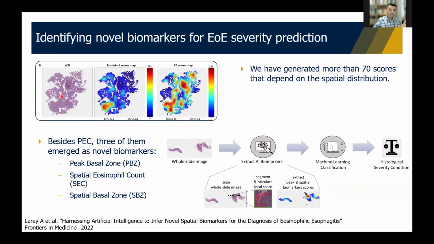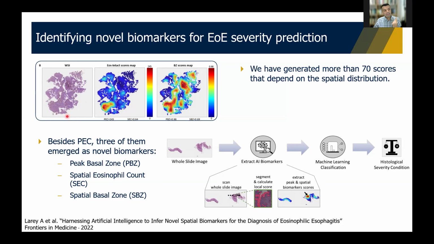Again, this is the tissue, just the image of it. And what you can see here is the entire eosinophil distributions and the basal zone distributions. So you can see we now have the full map, the hills and valleys of the cellular features. And based on that, we were able to extract more than 70 scores that describe this tissue.